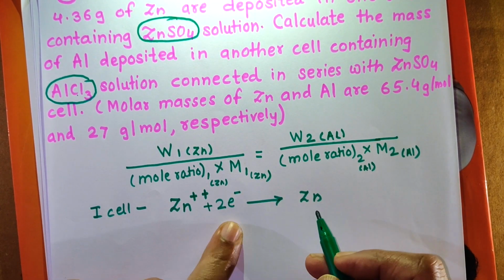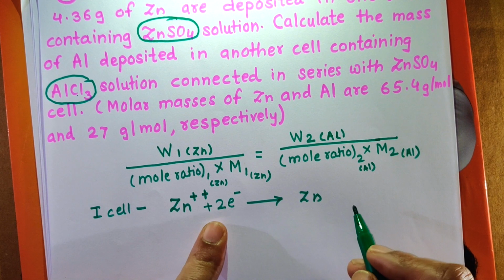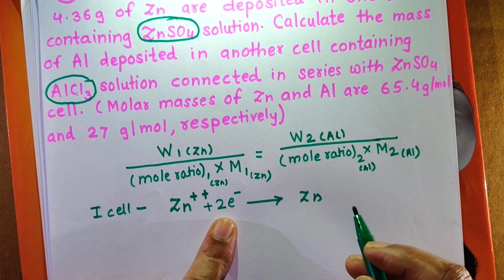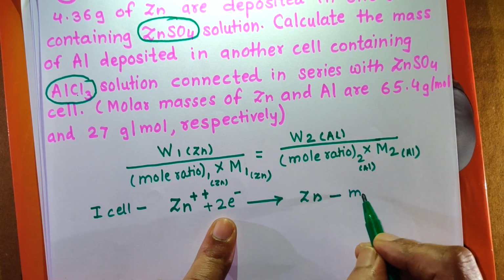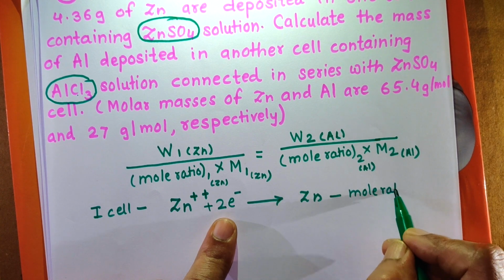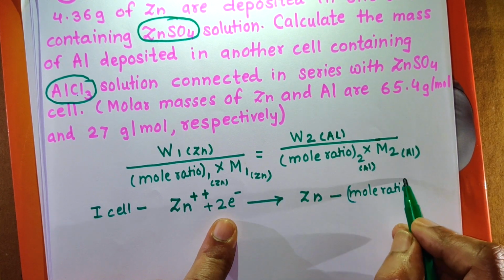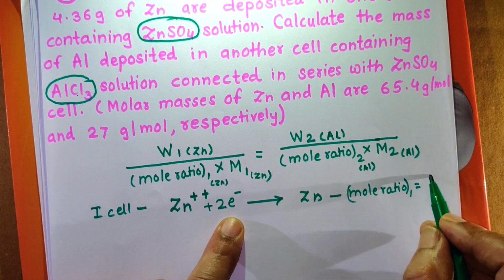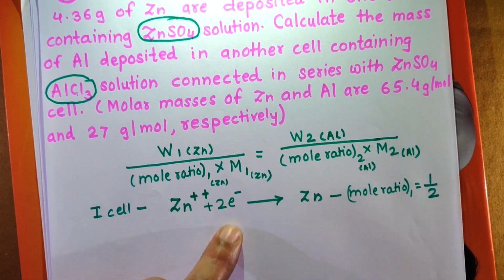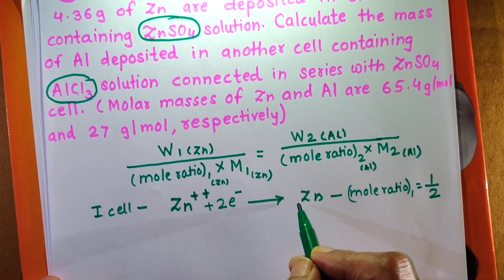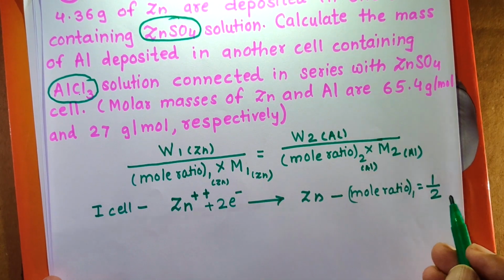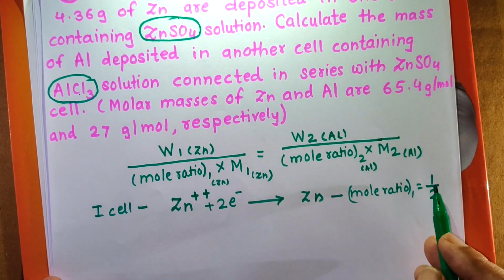So when we require 1 mole of Zn, 2 moles of electrons are required, and so in the first cell the mole ratio 1 is equal to 1 by 2. Here 1 mole of product divided by 2 moles of electrons. So the mole ratio is 1 by 2.